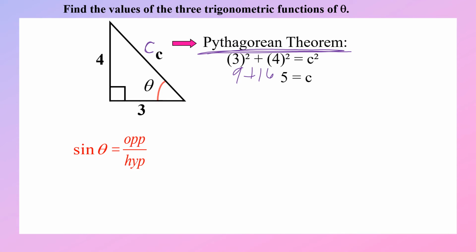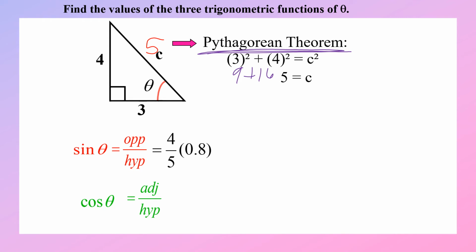Okay, so that being said, if C is 5, then we can find out the sine, the cosine, and the tangent of all these. So the sine of theta is the opposite over the hypotenuse. So opposite of theta is 4, the hypotenuse is 5, which means we have 0.8. Or you could leave it as the fraction, doesn't matter to me. Cosine is the adjacent side over the hypotenuse.